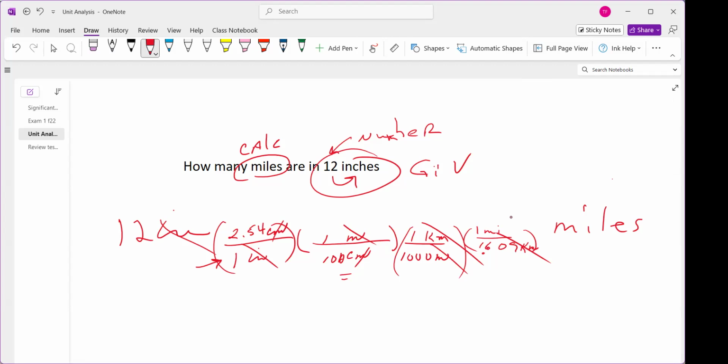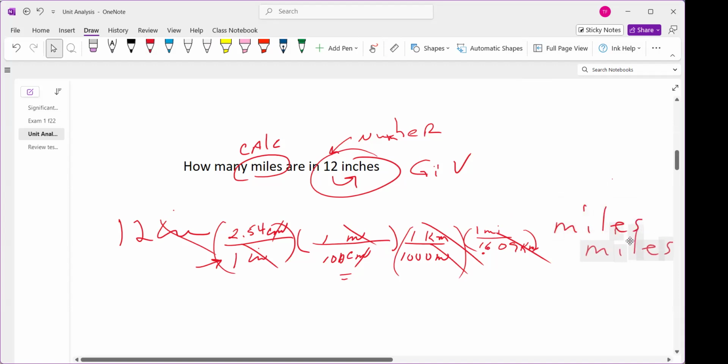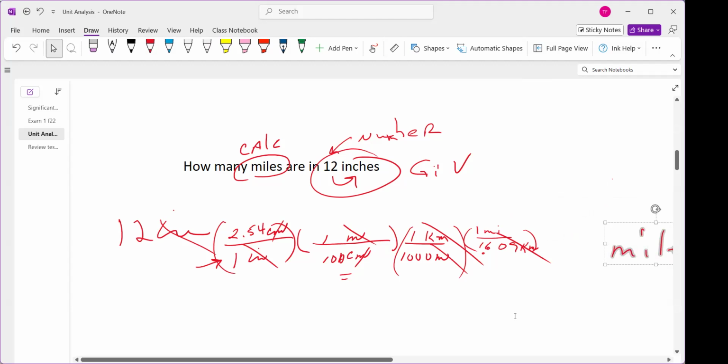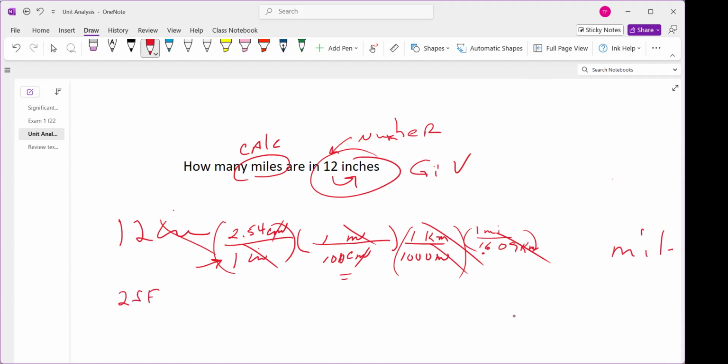Okay, how many sig figs are in our answer? Well, how many is this one here? This one's infinite. What about this one? All metric conversions are by definition.